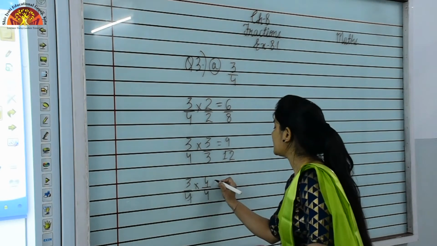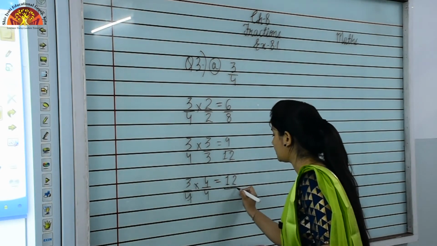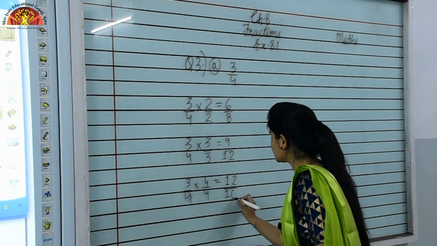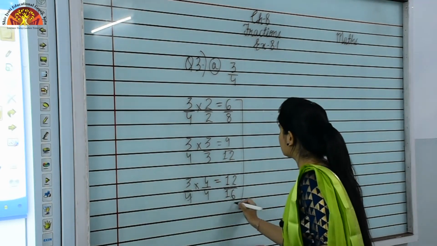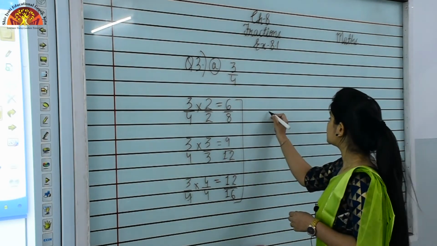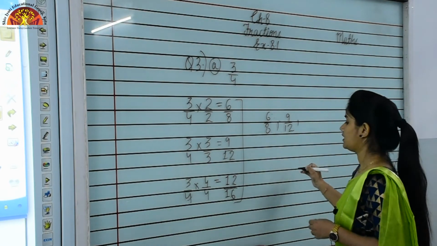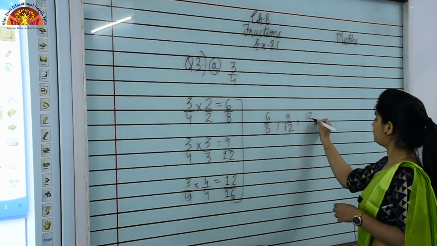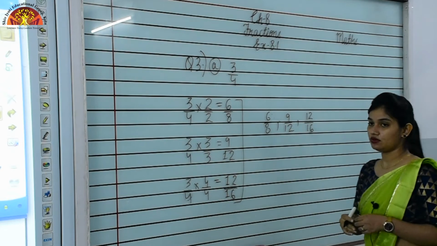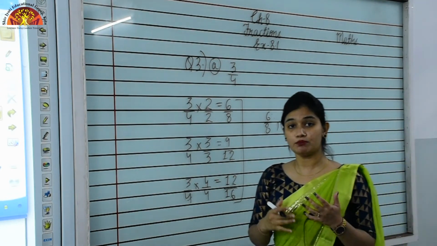Okay. So next equivalent fraction will be 3 4s are 12 and 4 4s are 16. And these are 3 equivalent fractions of this fraction: 6 upon 8, 9 upon 12 and 12 upon 16. Okay students, in this way you can find the equivalent fractions by multiplying.